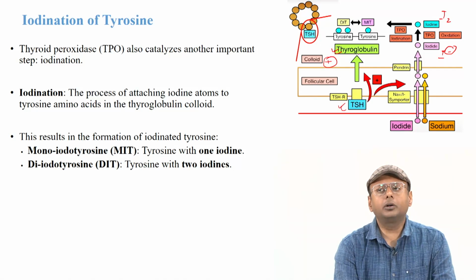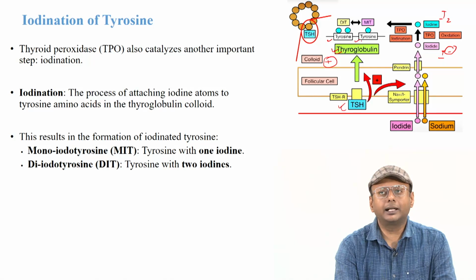Now thyroglobulin protein has different amino acids, and tyrosine is one of the most prominent and important amino acids present in the thyroglobulin. Now once the iodine is oxidized from the iodide, eventually the iodination happens. So iodine gets conjugated or bound with these tyrosine amino acid residues.